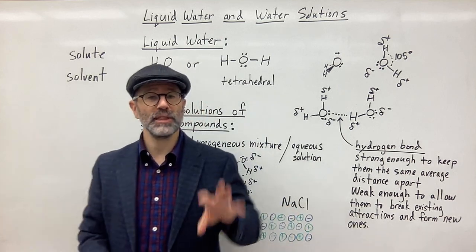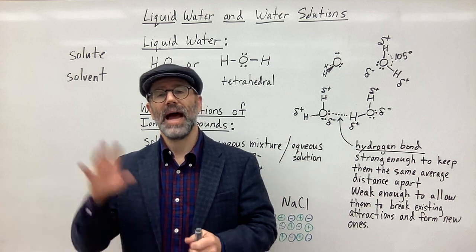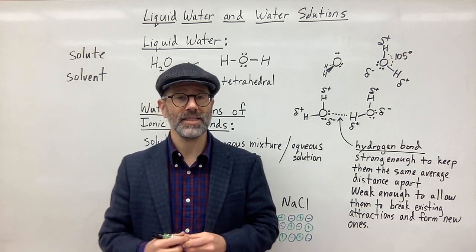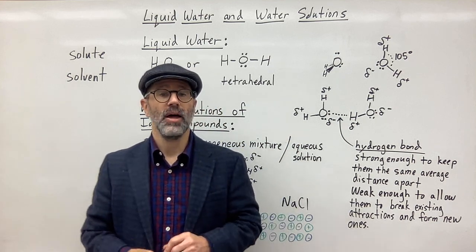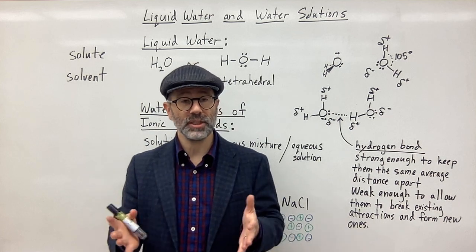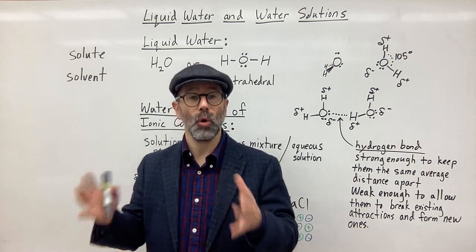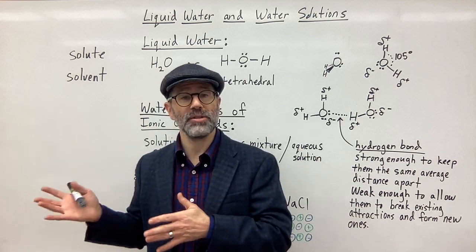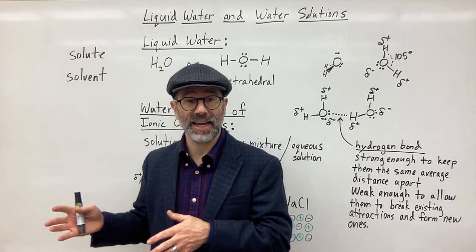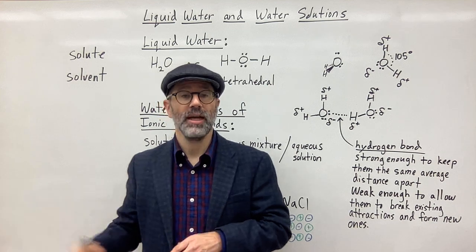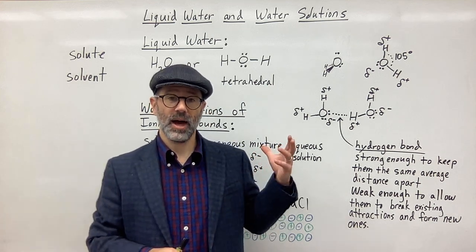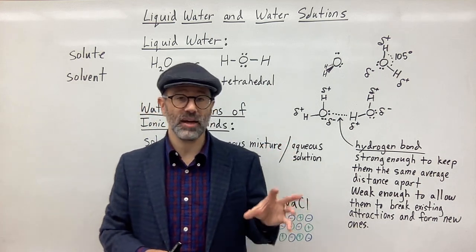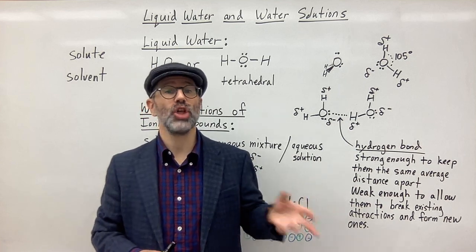Let's say my mixture is 5% pentane, 95% hexane. So in that case, the major substance, the one that I have a majority of, is the solvent. In this case, hexane. Since 95% of my mixture is hexane, that's considered the solvent. And since the pentane is only 5% of the mixture, then that's considered the solute.